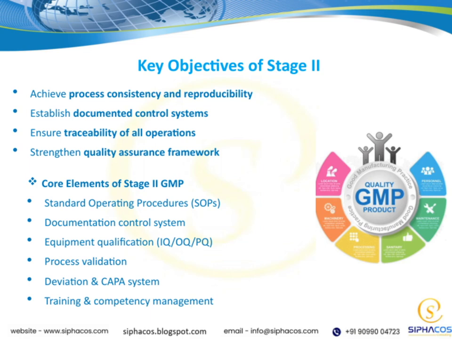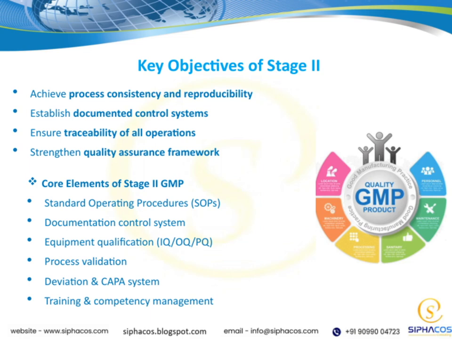Moving on to the key objectives of stage II, the main goal is to achieve process consistency and reproducibility. We want every batch, every time, to meet our quality standards. Establishing documented control systems is fundamental for transparency and traceability. This way, we can track each operation, making sure nothing slips through the cracks. Ensuring traceability of all operations allows us to quickly identify issues and understand their root causes.